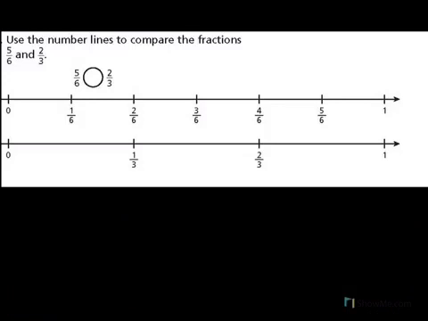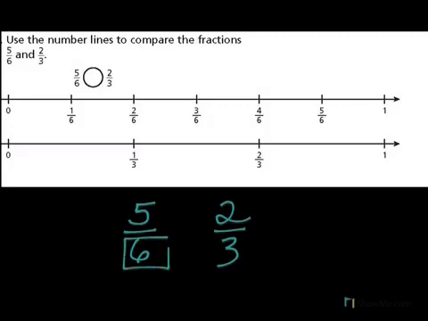So, we're going to compare two fractions, 5/6 and 2/3. But those two fractions have two different denominators. One has a 6 and one has a 3. So you can use a number line to compare these two fractions.